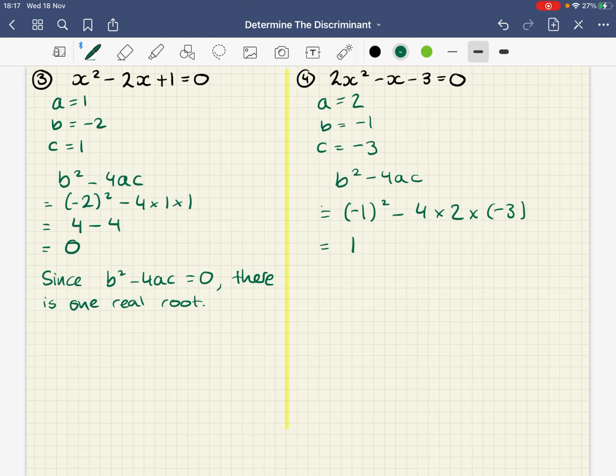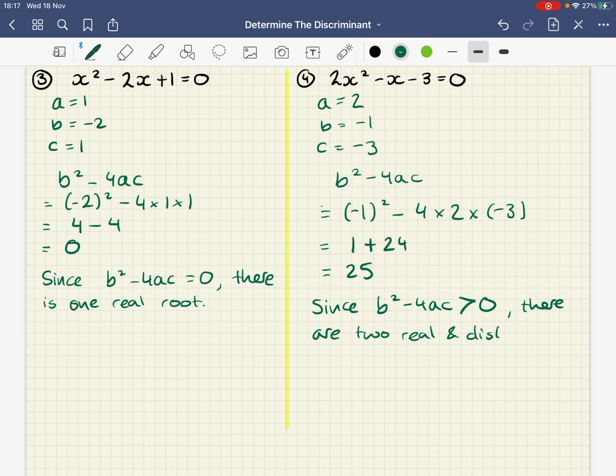Then -4 times 2 is -8. Times by -3, that's going to make a positive 24, which is going to be 25. So since b squared minus 4ac is greater than 0, there are two real and distinct roots.